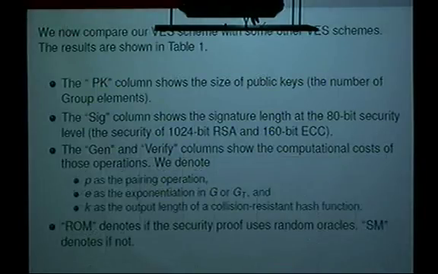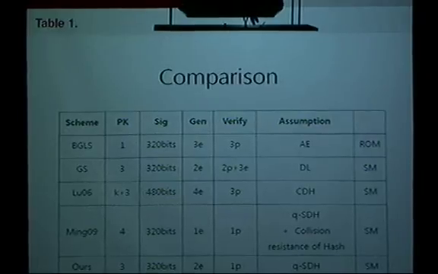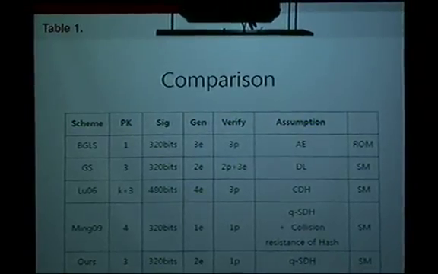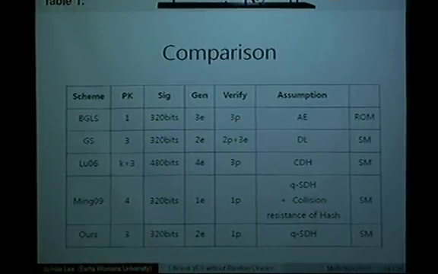One more fact, RO denotes if the security proof uses a random oracle. If not, we note SM, standard model. In this table, compared to other schemes, our scheme is more efficient than others. So our VES scheme is an efficient VES.